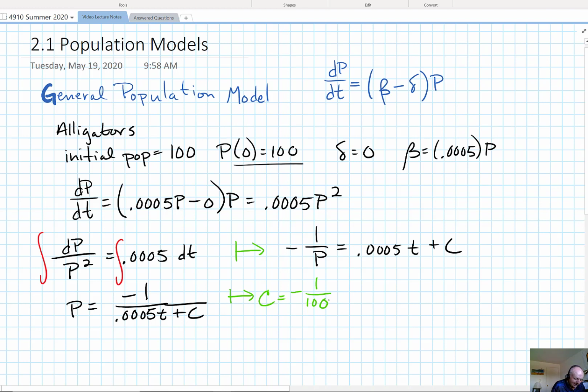And so if I put that in there and clean everything up, I end up with this equation: P of t equals 2000 over 20 minus t. So there's my model for this population.